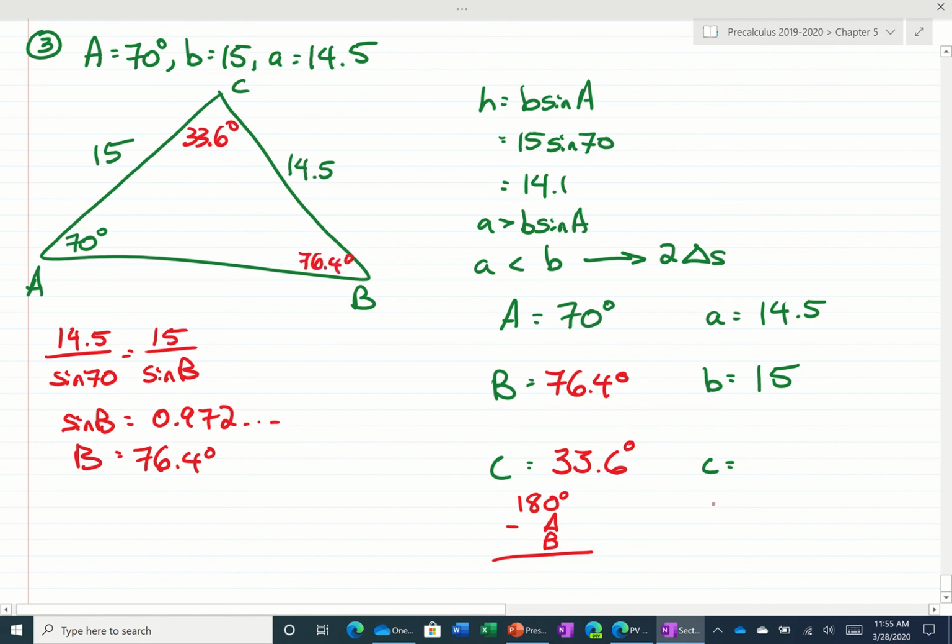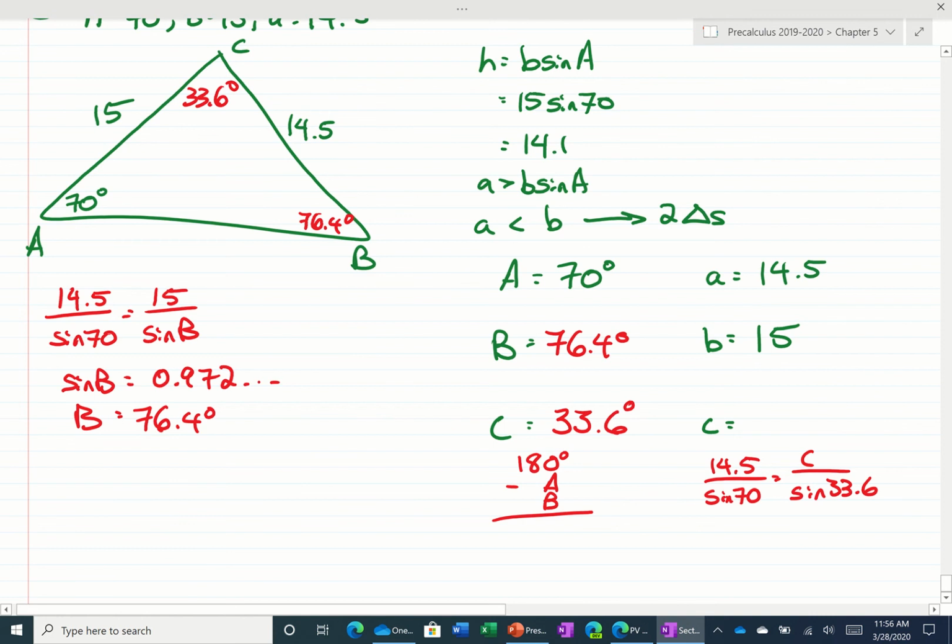And then to get side C, we're going to do side A over the sine of angle A is equal to side C over the sine of angle C. And we know that angle A is 70. All right, so let's see what happens here.